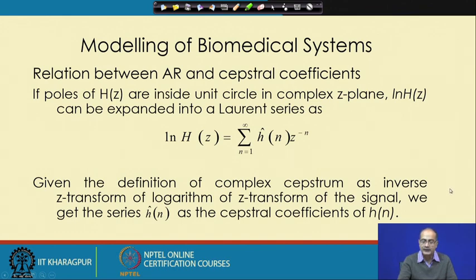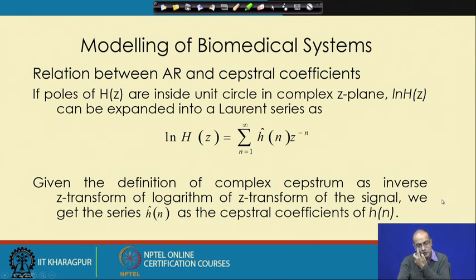Now, using the definition of the complex cepstrum as the inverse z transform of the log of the z transform of the signal, we need to take the inverse z transform of the log of H(z). So, we get the series H hat n as the Cepstral coefficients of the signal h n.